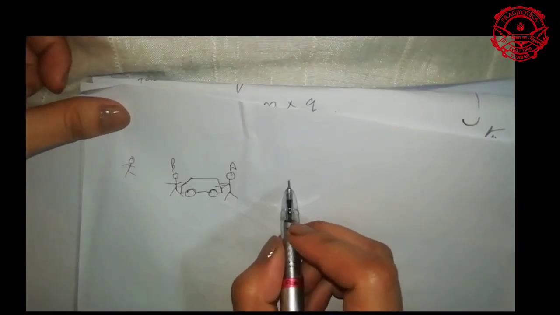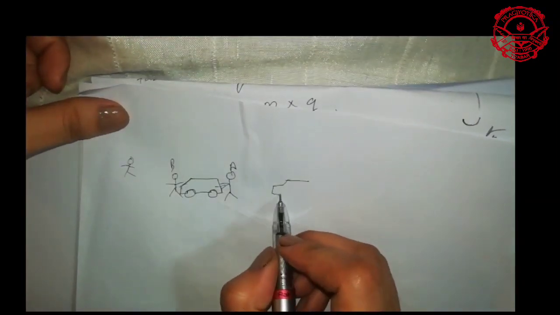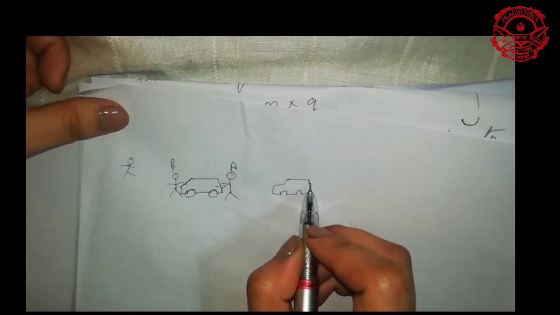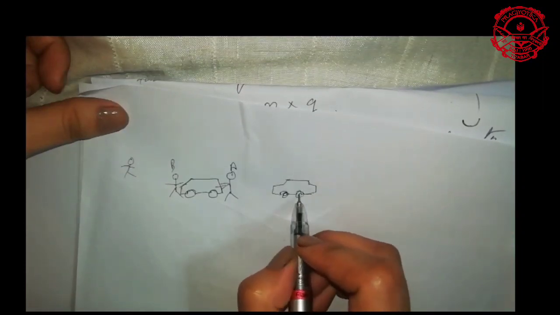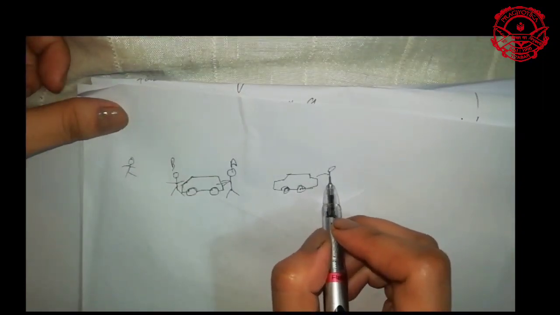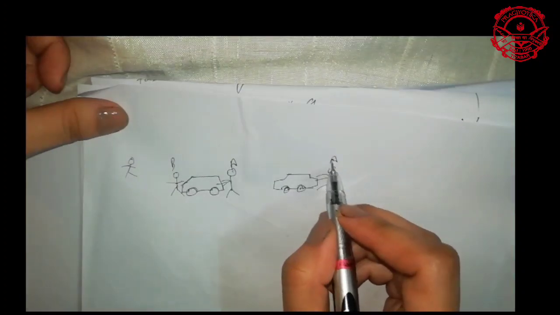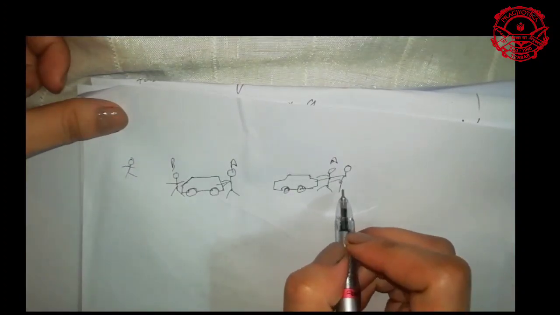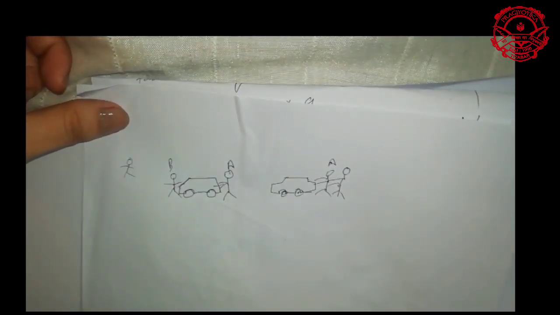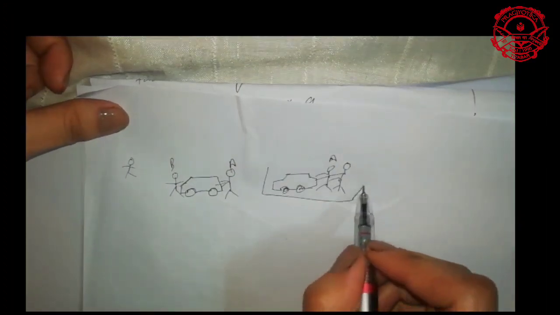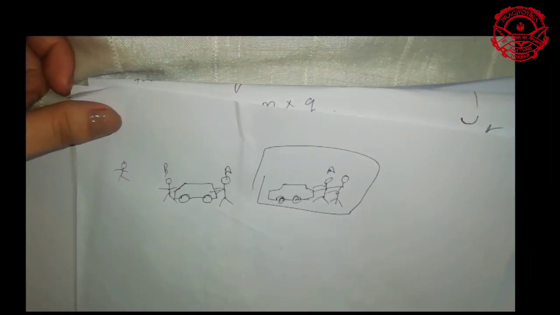Then let's have another case, where you have another car. If you are pushing the car and another friend of yours helps you push the car, the car will move even faster. So this is your resultant force.